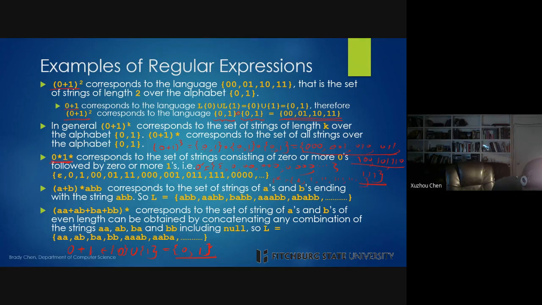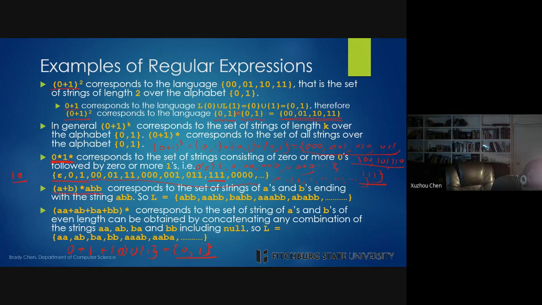When you concatenate these, you have all the strings with all the 0s before the 1s. You can have 111, that's fine, because there's no 0 at the beginning. But you're never going to have anything like 10. So 10 is not in this language, because you always start with any number of 0s followed by any number of 1s.